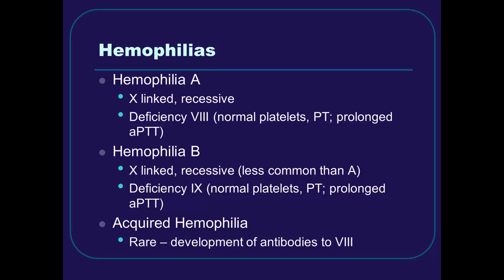But it causes the phenotype, as in many X-linked genetic disorders, to be expressed on the Y chromosome, and the Y chromosome is the male chromosome. So as a result, with hemophilia A, because it is an X-linked recessive disorder, and it's expressed on the Y chromosome, you will see this in males.